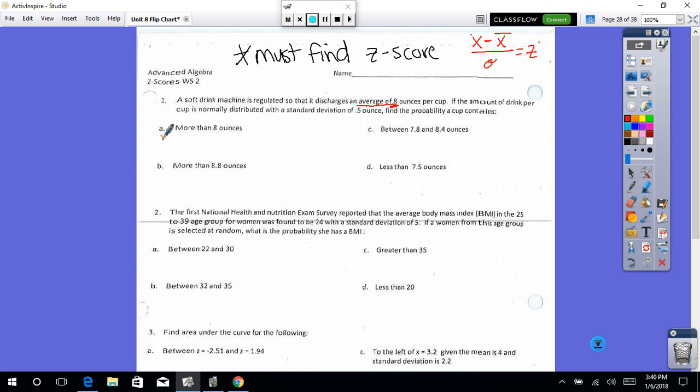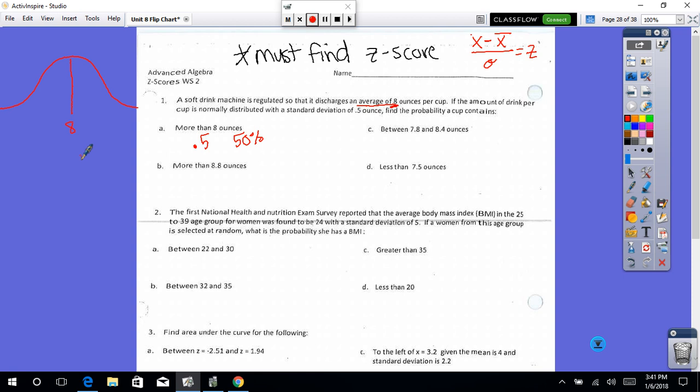Letter A, more than 8 ounces. There is no need to put this one in your calculator. Think about your normal distribution. If my average is 8 ounces, what is the probability that we are going to get more than 8 ounces? 0.5, 50%. It is the same probability that you are going to get less than 8 ounces.